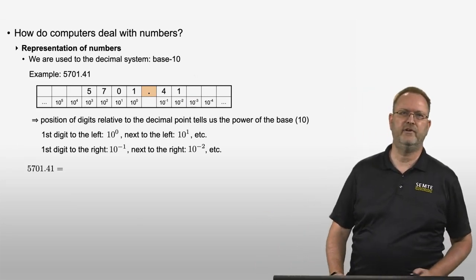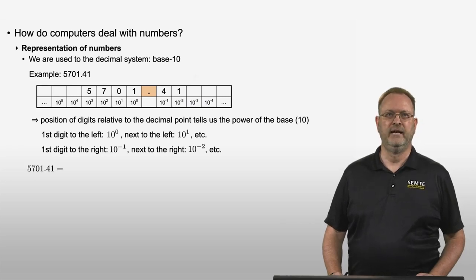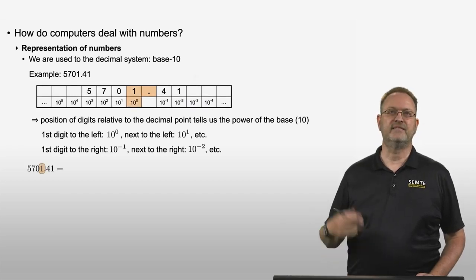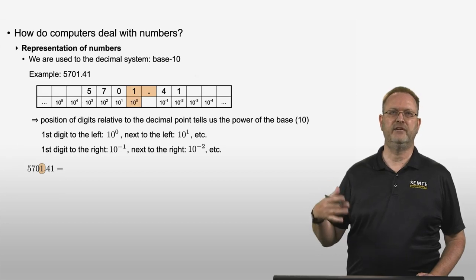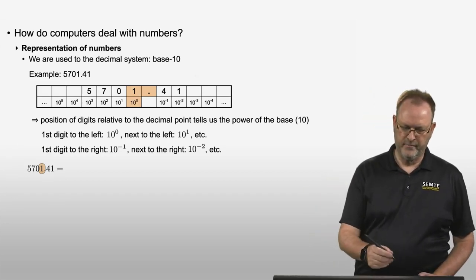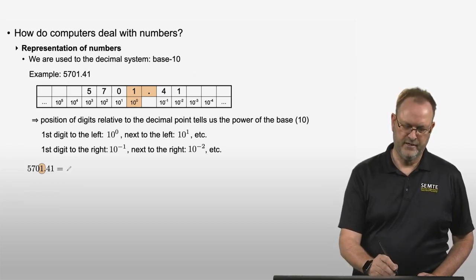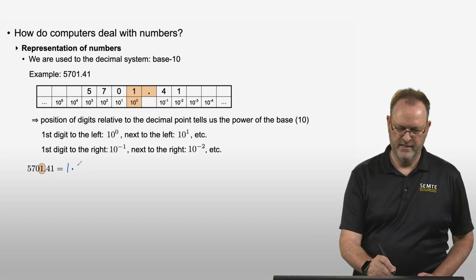So if we had the number 5,701.41, and we would express this as the sum of multipliers times powers of 10, this would be the following number. We have a 1 in the first digit to the left, so that would be 1 times 10 to the power 0.